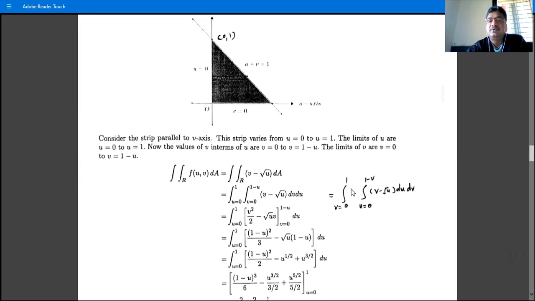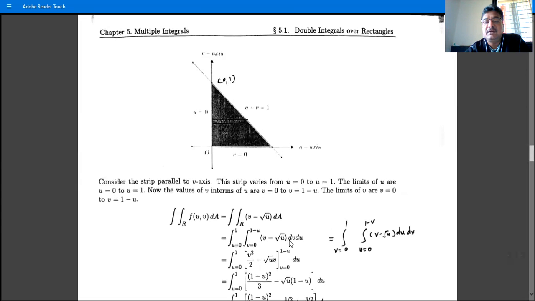Okay. So if we have to integrate with respect to v first, then the function is v minus root u as it is. First write dv, then write du. Draw the strip parallel to the v axis now. Its one end touches v is equal to 0, so v is equal to 0 is the lower limit; v is equal to 0 is the equation of the u axis.